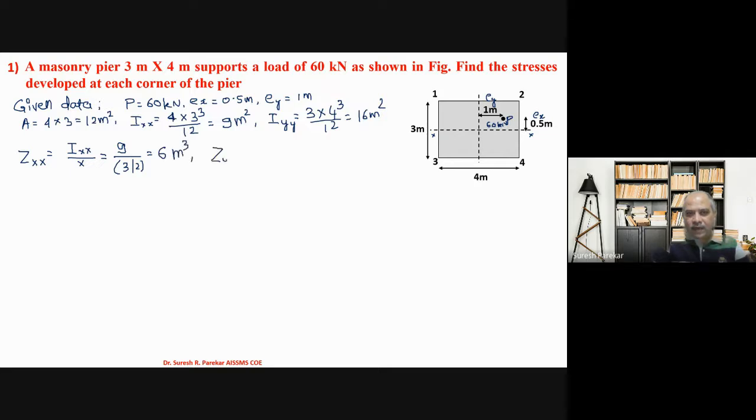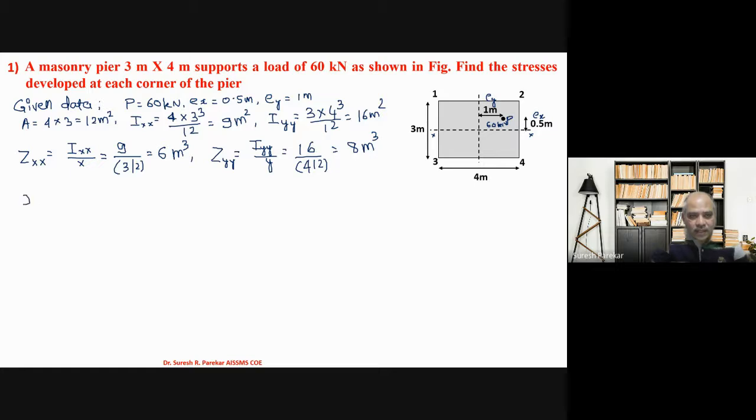And Zyy we will get equal to Iyy upon y, and that is equal to 16 divided by 4 by 2, and that is equal to 8 meter cube. So we have Zxx 6, Zyy 8 meter cube.